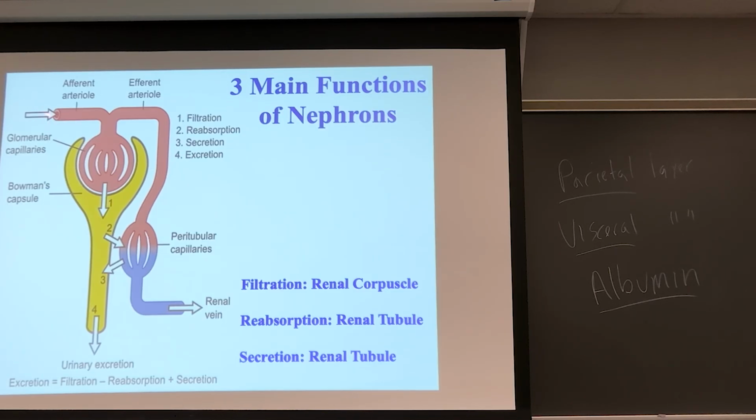You notice we have afferent arteriole delivering blood to our glomerulus, which is sitting in my renal corpuscle. It is drained by the efferent arteriole that then gives rise to peritubular and vasa recta capillaries, which are surrounding the renal tubule. So these other capillary beds, the peritubular capillary bed and the vasa recta, are participating in reabsorption and secretion, right?